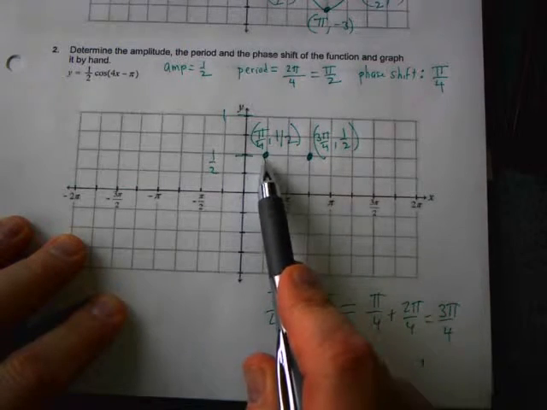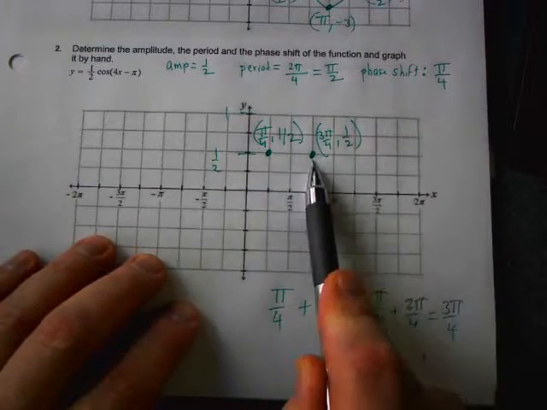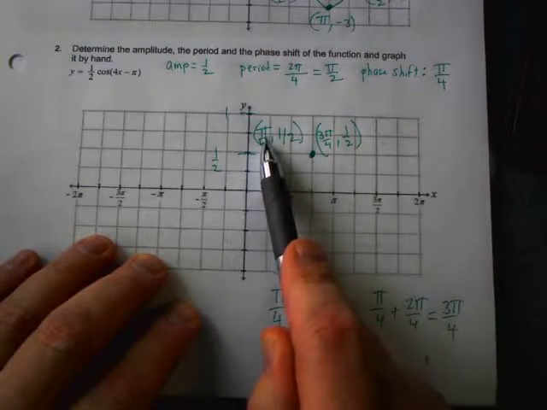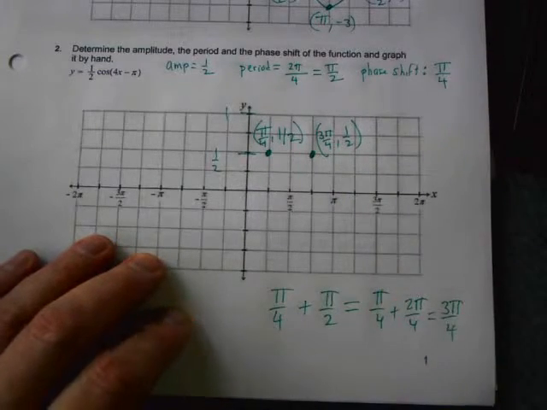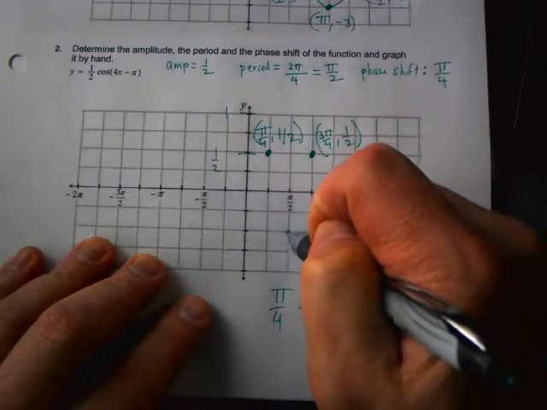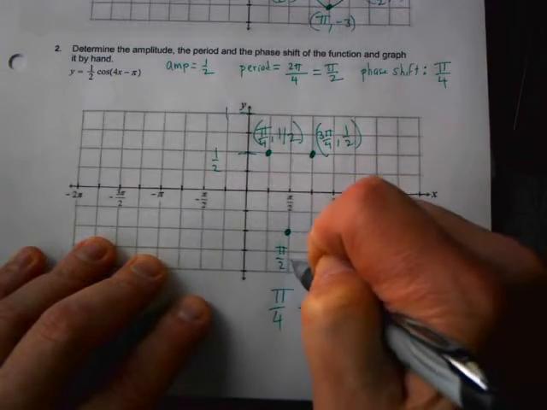What's halfway in between pi over 4 and 3 pi over 4? Pi over 2. Again, it looks it in the picture. Again, if you're not convinced, simply take pi over 4, add 3 pi over 4. That gives you 4 pi over 4, which is pi, and then you would divide that by 2. All right, so our low point is halfway in between. That's at pi over 2, comma, negative 1/2.